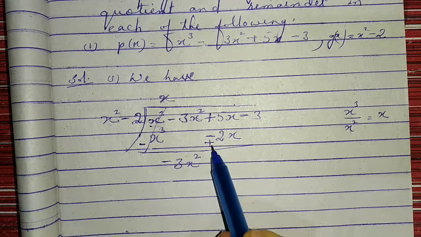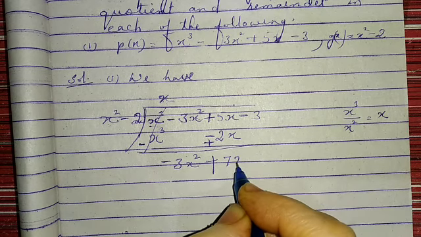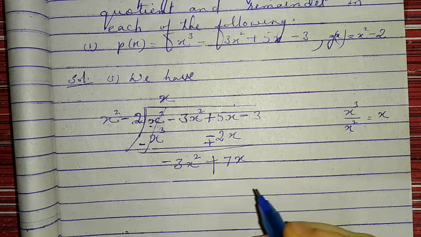You have changed this sign, so plus 2x is here. 5x plus 2x is 7x, and minus 3 is left.